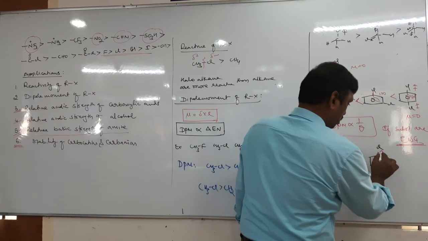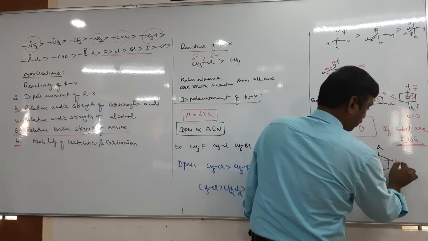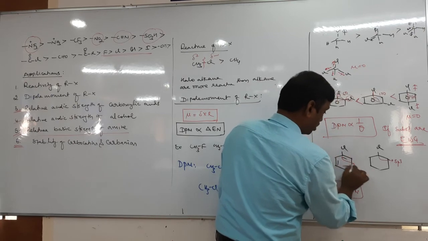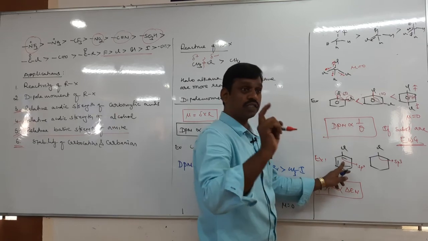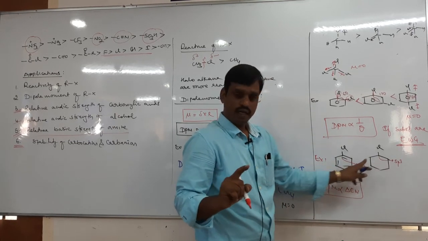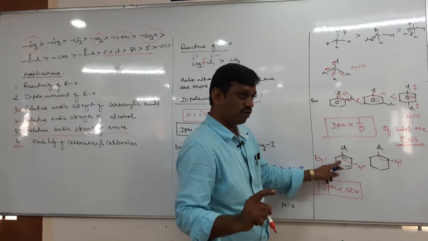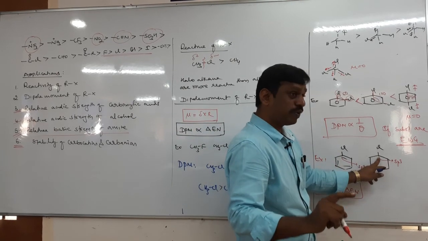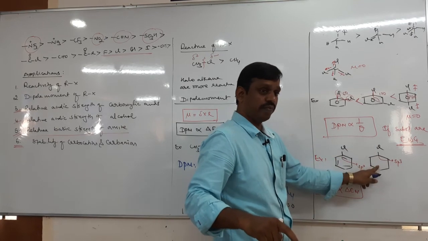Say in the case of chlorobenzene and chlorohexane, this is an sp3 carbon with chlorine. And this carbon is what? An sp2 carbon with chlorine. An sp2 carbon has more electronegativity compared to sp3. Yes or no? So therefore, it has more electronegativity. You see the difference now. The sp3 carbon has less electronegativity. The chlorine is the same.